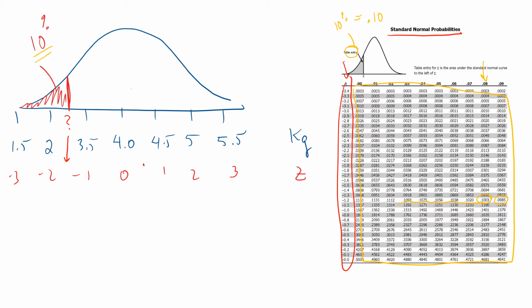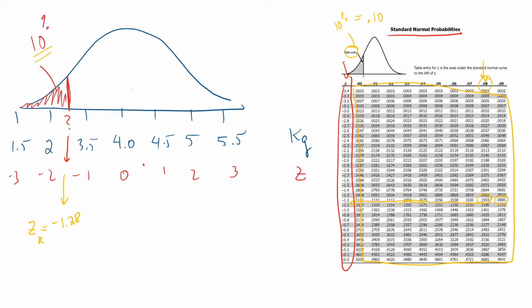So that is a z-score of -1.28. It makes sense that it's negative because it's on the left side of the mean. So that is the right bound, basically, the z-score on the right side of the shaded area.